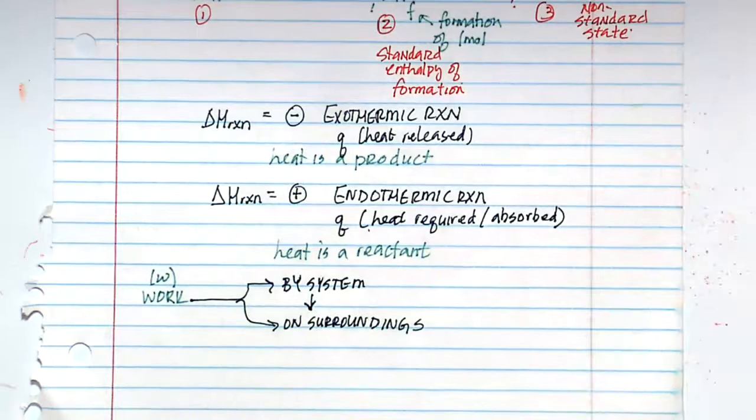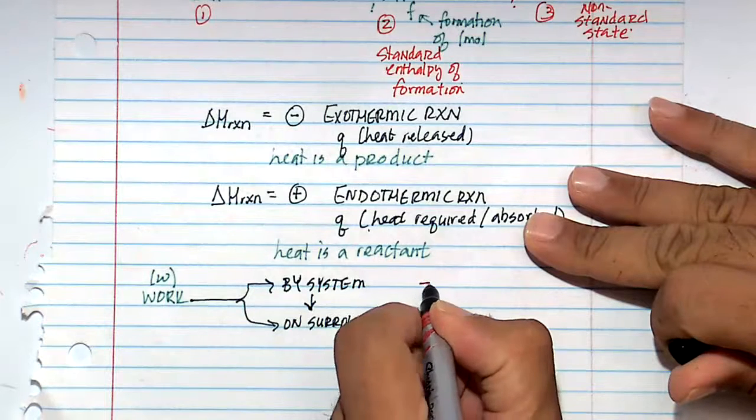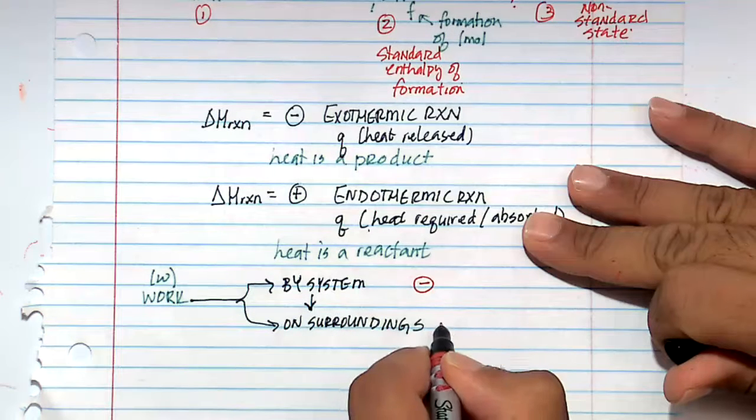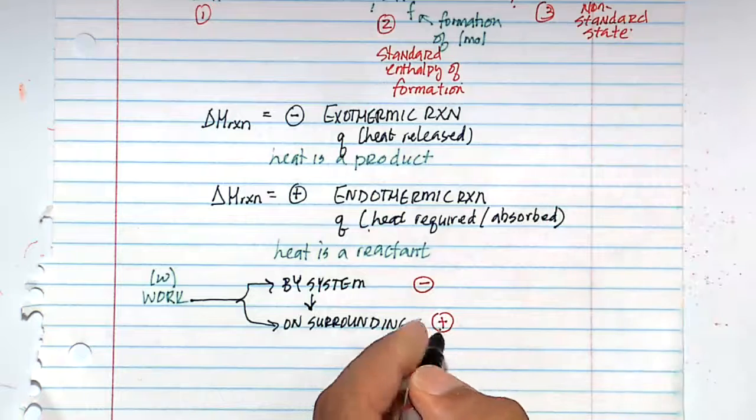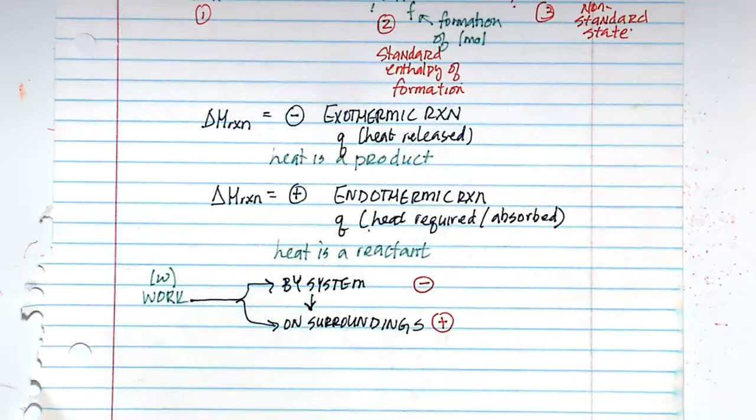The work for the system will be negative. The surroundings take it, so it's positive. Same value, but opposite sign, because of the law of conservation of energy: energy cannot be created or destroyed.